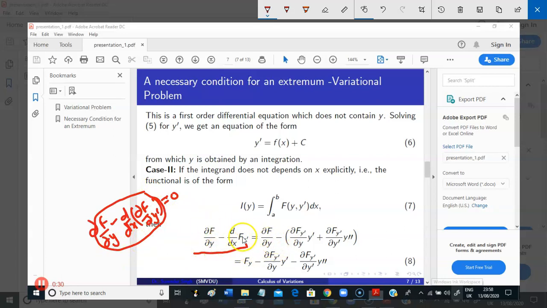This thing is as it is, and here we'll apply the concept of total derivatives. And what is that concept?